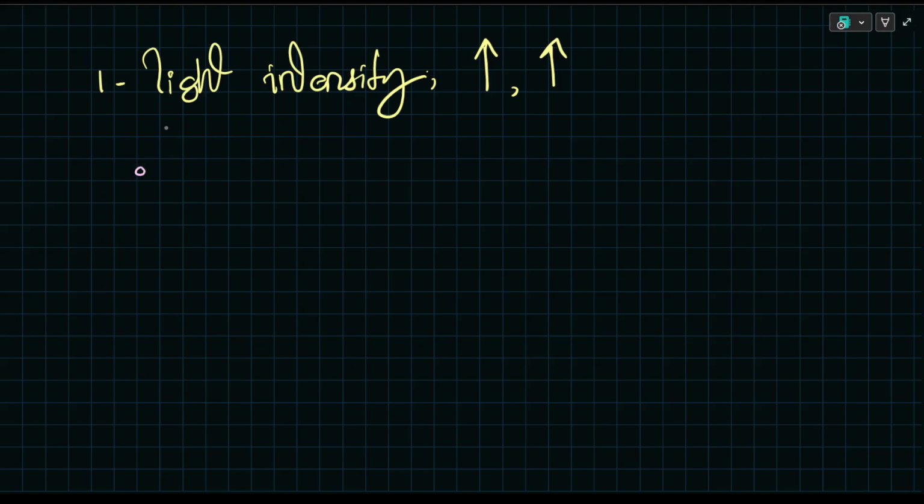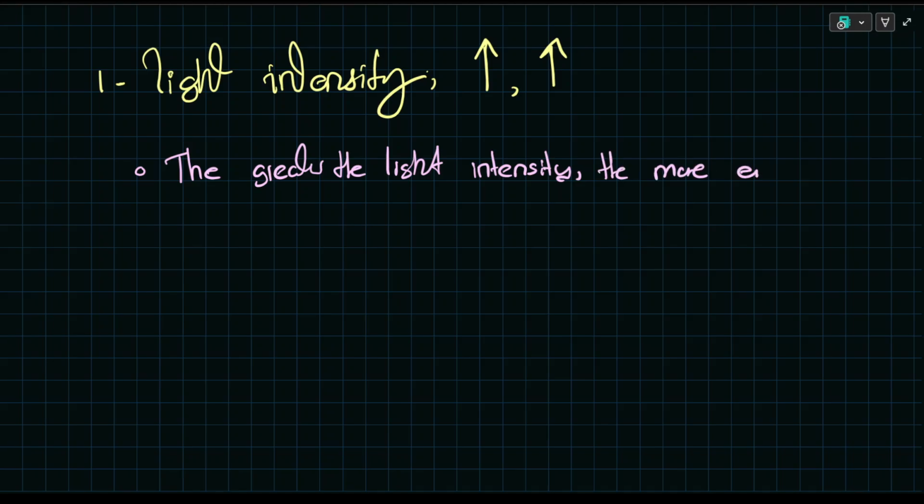First things first, we'll write the concluding statement. So the greater the light intensity, the more energy supplied to the plant. Obviously, the more light energy supplied to the plant.